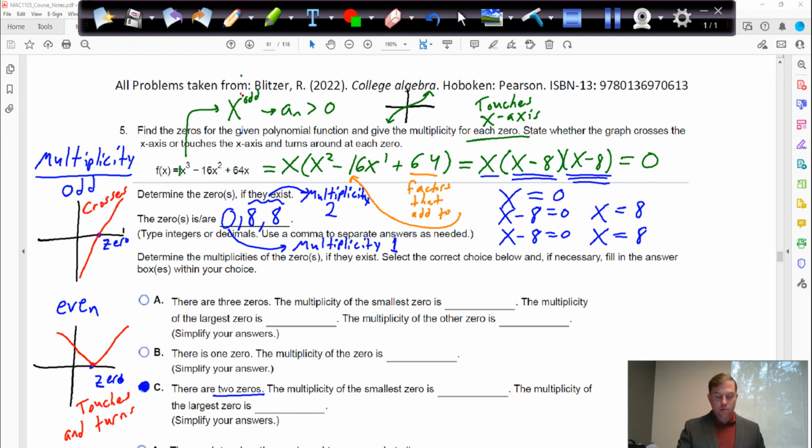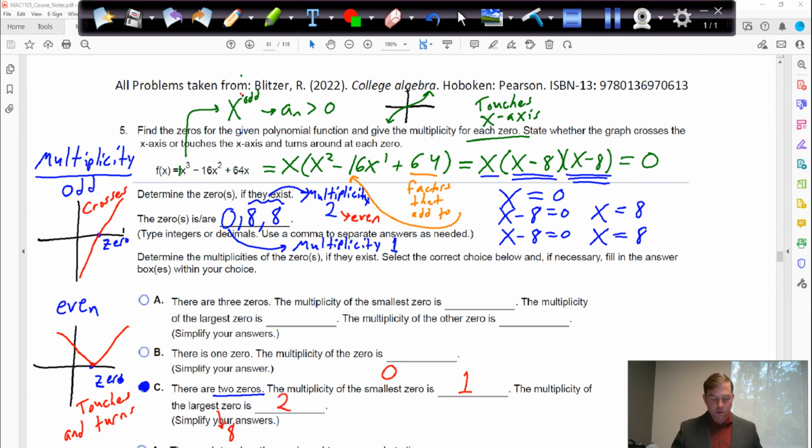So notice, at this 8, it's a multiplicity of 2. That's even, so it's going to touch and turn. I guess we're answering the next question. Let's first put in this one. The multiplicity of the small 0, which was 0, is 1. The multiplicity of the larger 0, which was 8, is 2.